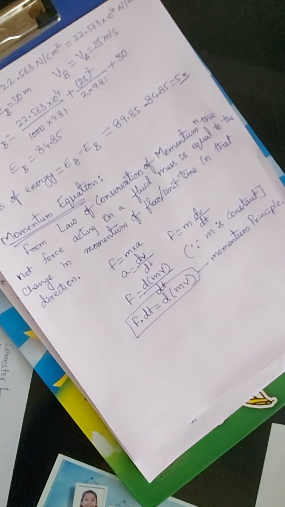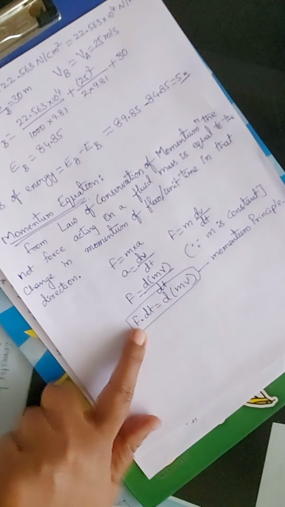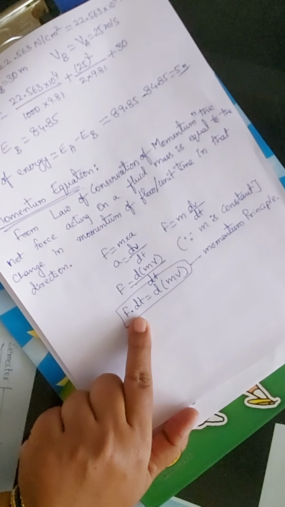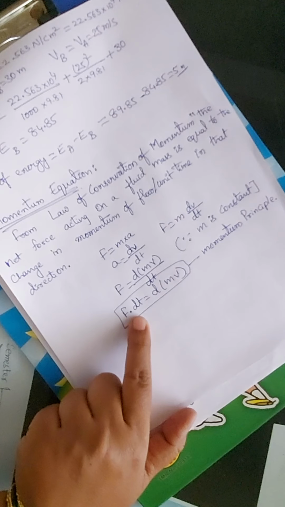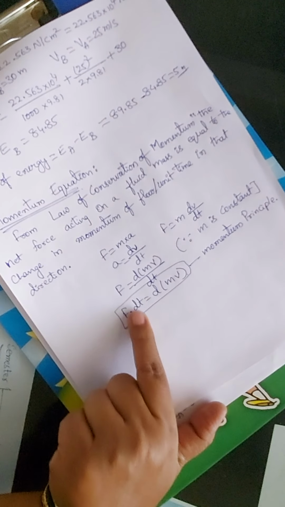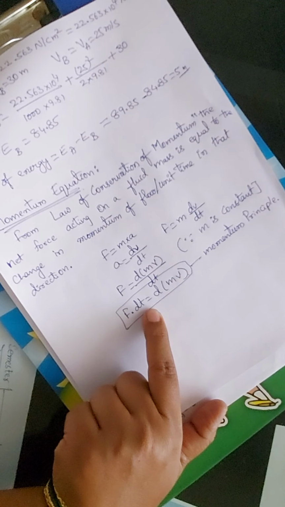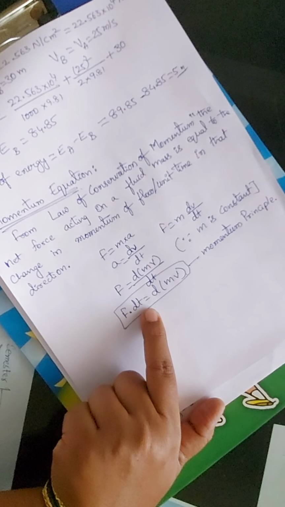What it says is that the impulse of a force F acting on a fluid of mass m in a short interval of time dt will be equal to the change of momentum in that direction.